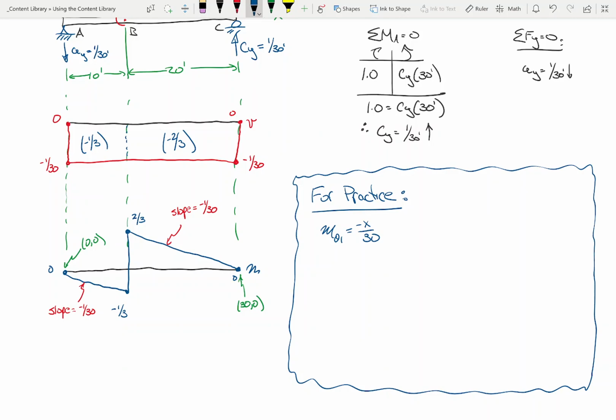And then M2 is, let's see, so what are the coordinates of that point 2? Oh, sorry. It should be 1 minus x over 30. And I believe if I did everything correctly in my calculations, I will check this. This is what we get.